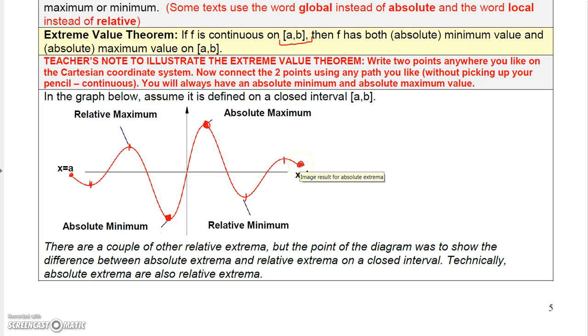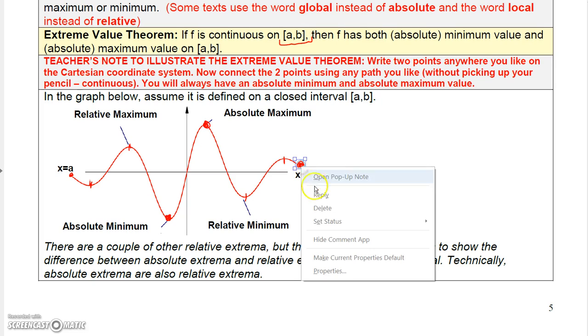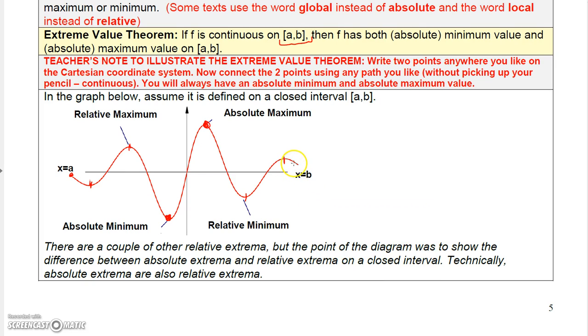But the endpoint might also be the extrema, because what if the graph ended, say, down here? Well, then this endpoint would be the lowest value. Or what if one of the endpoints ended way up here somewhere? Well, then that would be the highest value.